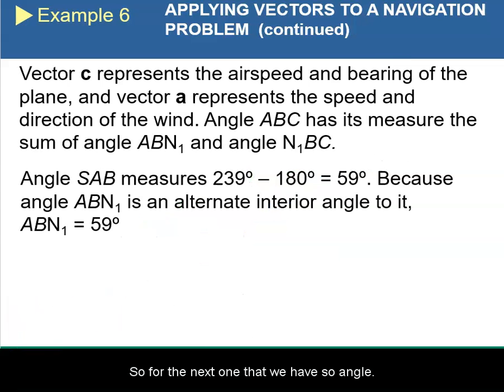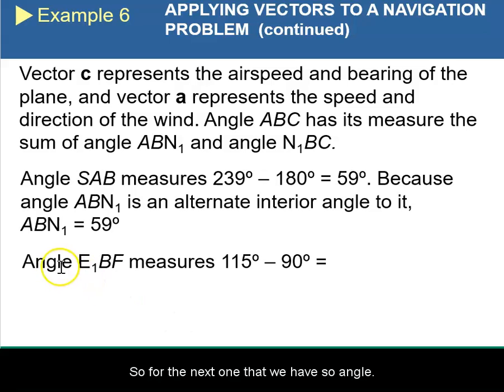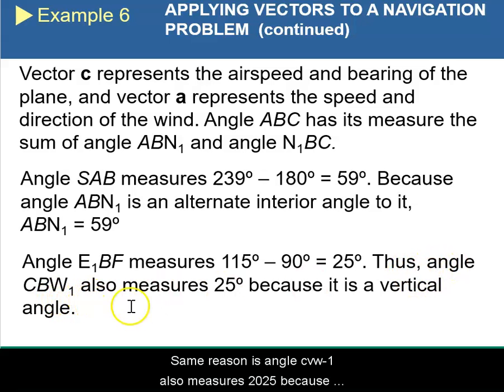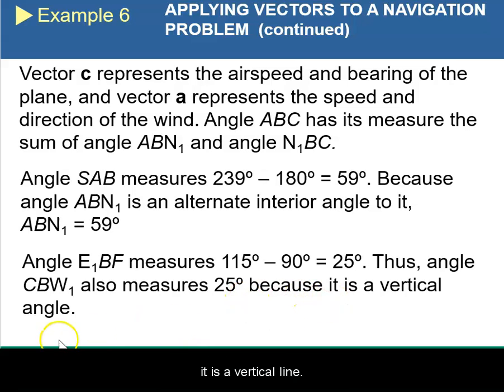So for the next one, angle E1BF is 115 minus 90, which is that 25 that we got. For this same reason, angle CBW1 also measures 25 because it is a vertical angle.